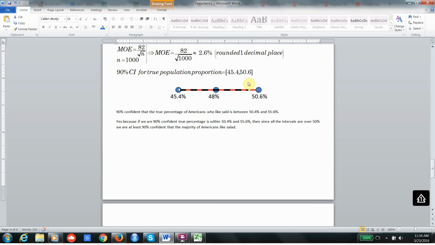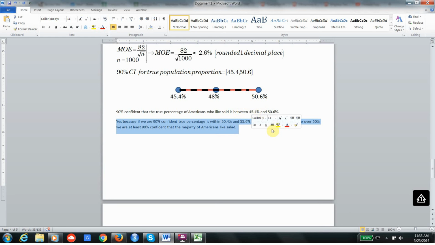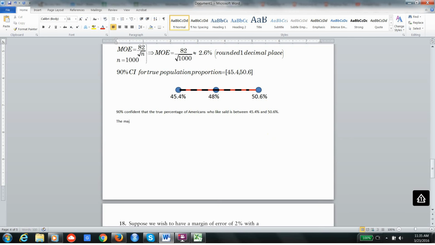So I'm not 90% sure. It's not the whole interval, but I am pretty sure. So although I'm 90% sure that it's between 45.4 and 50.6, the majority of the interval lies below 50%. So this is the salient issue here.